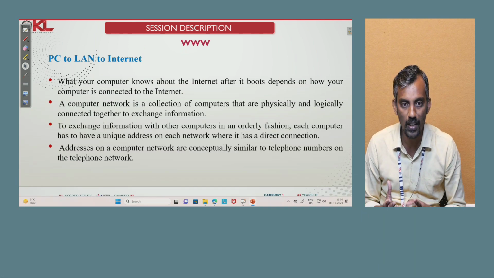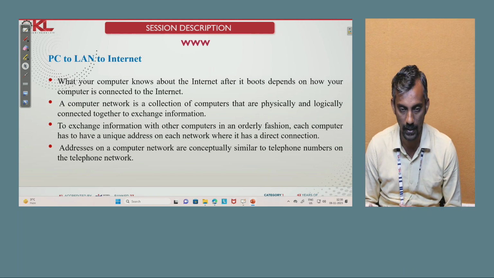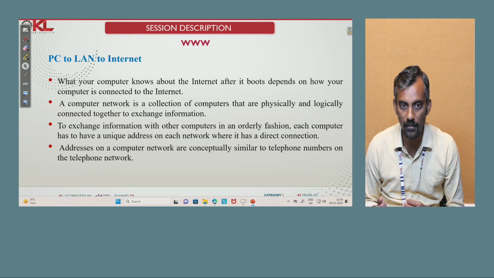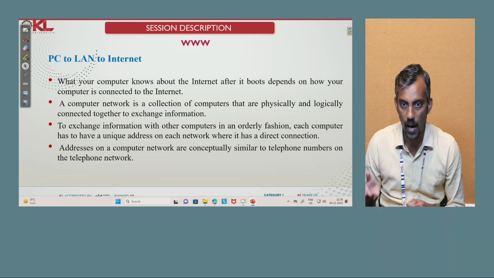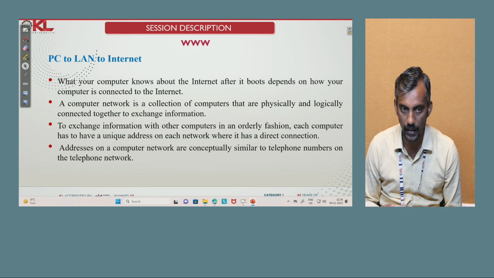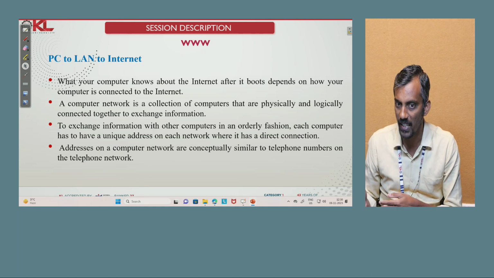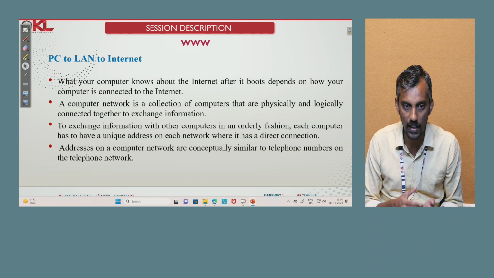What is a computer network? It's a collection of computers that are physically and logically connected together to exchange information with other computers in an orderly fashion, and each computer has a unique address on each network with direct connections. Addresses on a computer network are conceptually similar to telephone numbers on telephone networks.